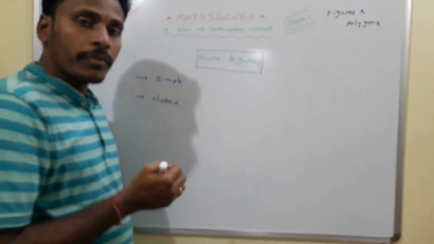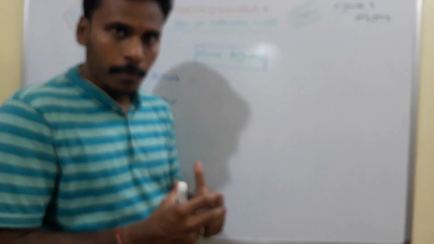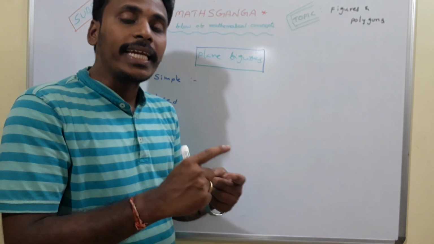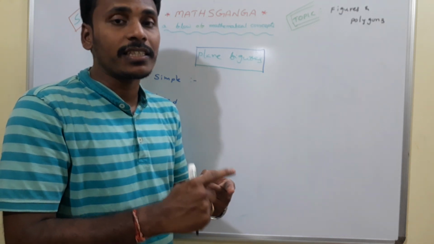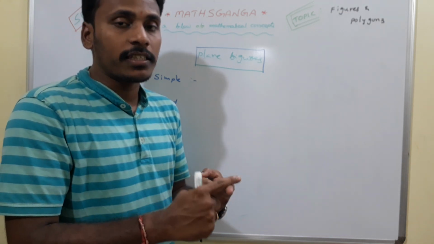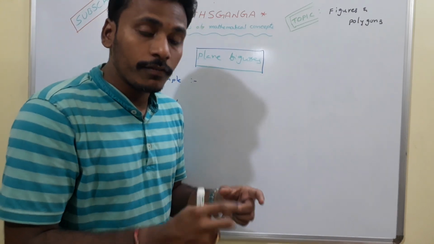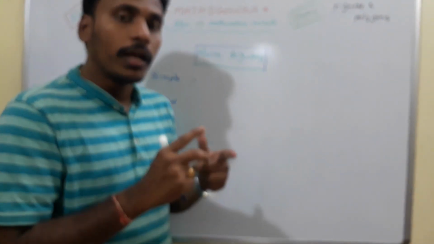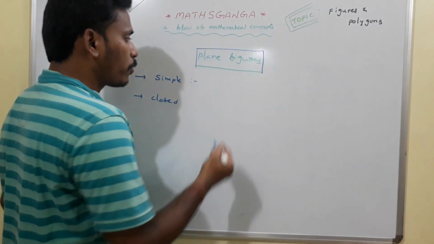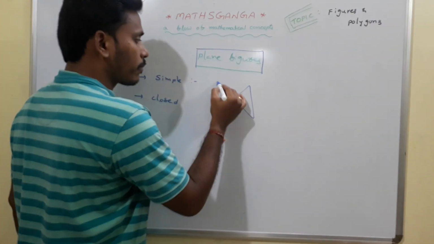Coming to simple figures, those figures which don't have any intersection of the curves, any intersection of the boundary, are called simple figures. Suppose I have a figure like this.